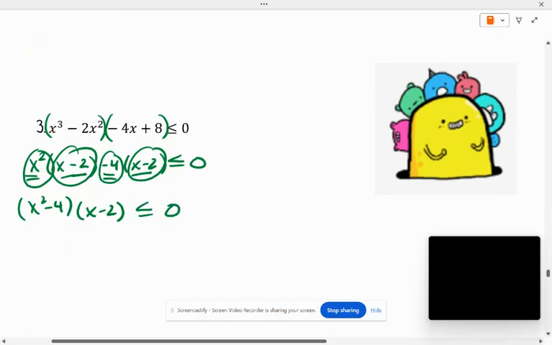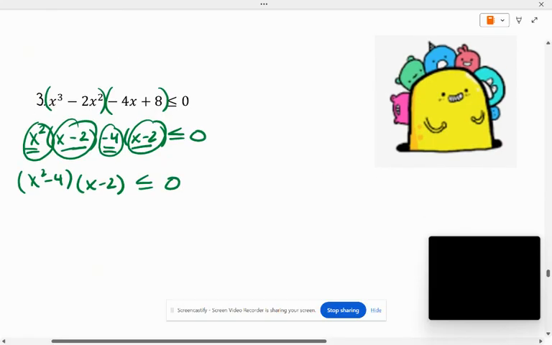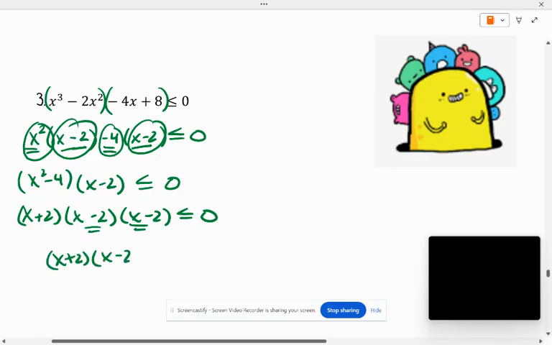Am I done? No. How do you know I'm not done? The x squared. Wait a second. What does this become? Squared. Just a little repeated root there. Okay, so that's just going to affect the signs.